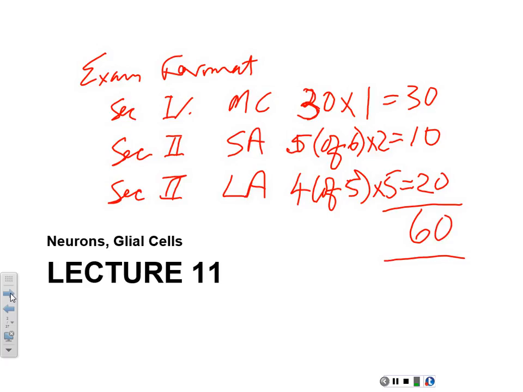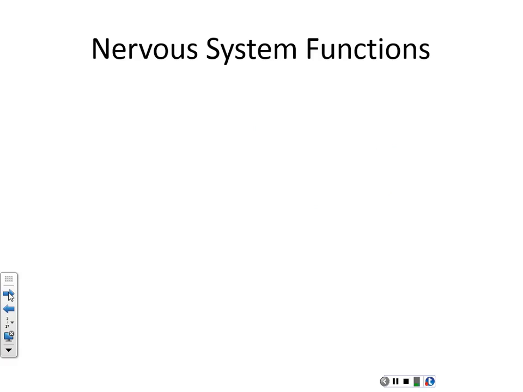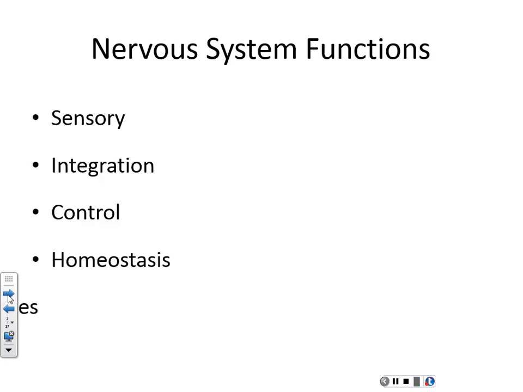So we start off with the neurons and glial cells. Neuroglial cells is the full name for it. So, of course, you've got to know about the functions of each system, right? The central nervous system receives sensory input from all the body parts, and gauges the internal environment.